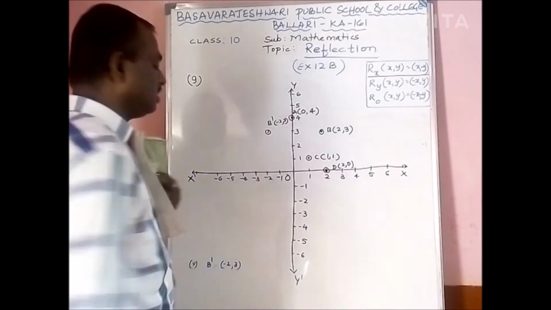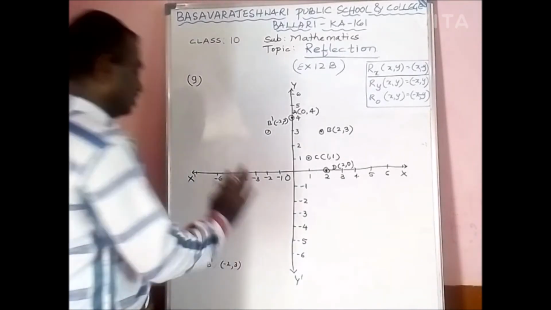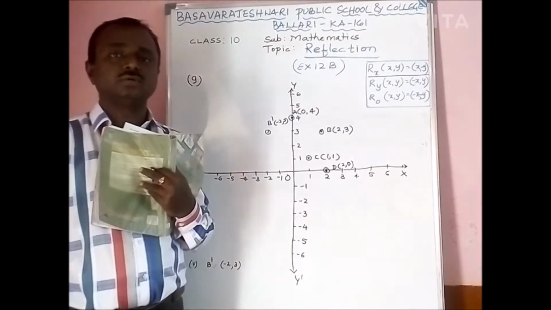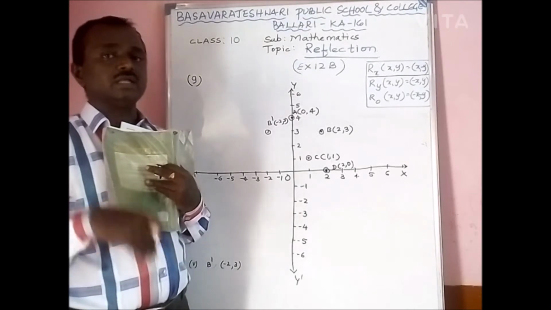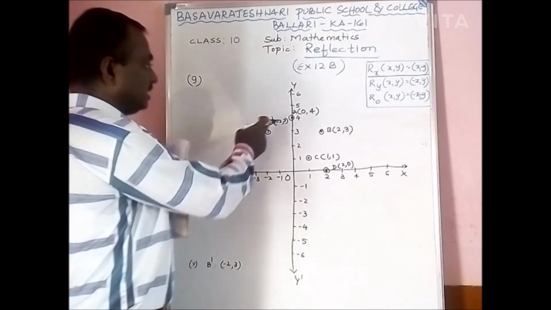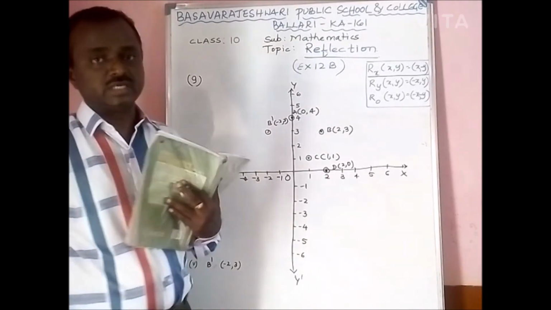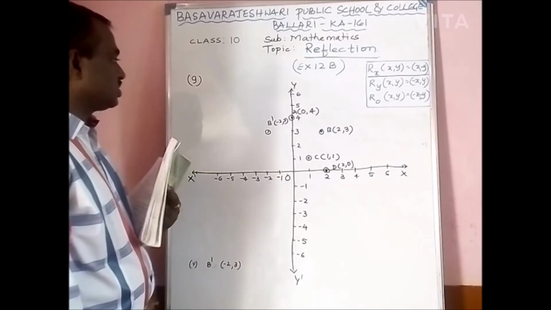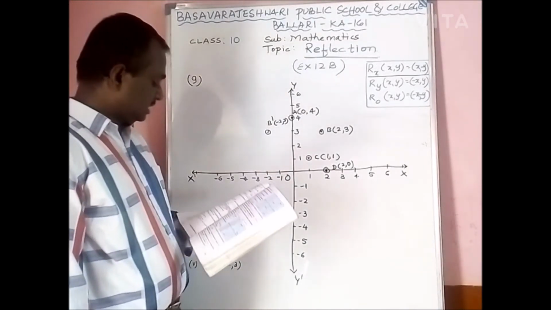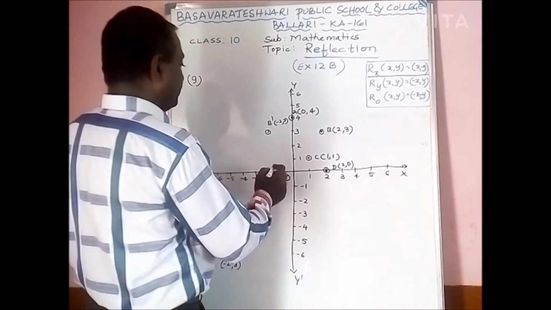You have to write down, they are saying. That means in examination also, you have to write down the coordinates of B when it is reflected in y axis. That you have to mention, not only mark in the graph sheet. You have to write down that solution in the answer sheet. Okay. Next, C also they are saying. C means (minus 1, 1).